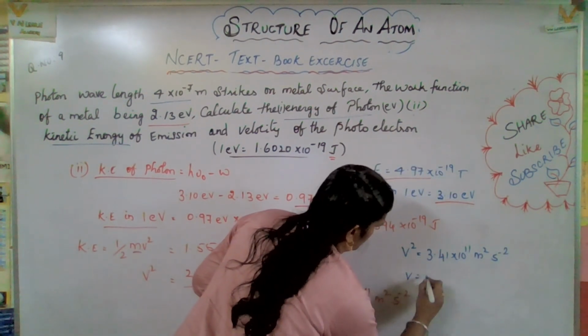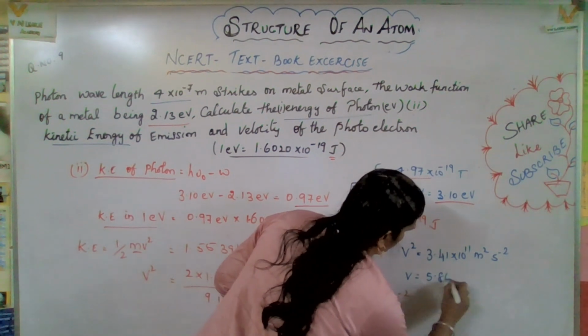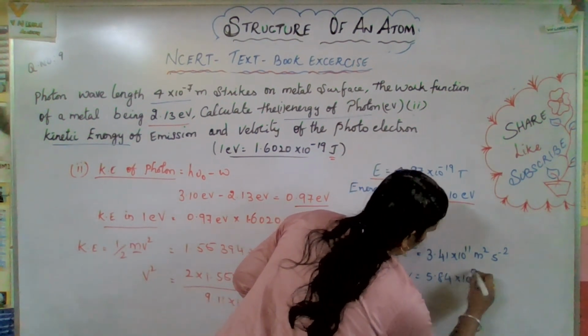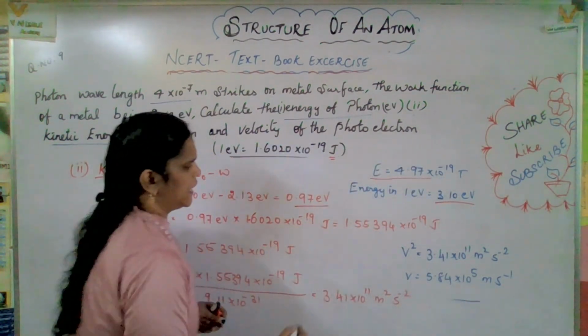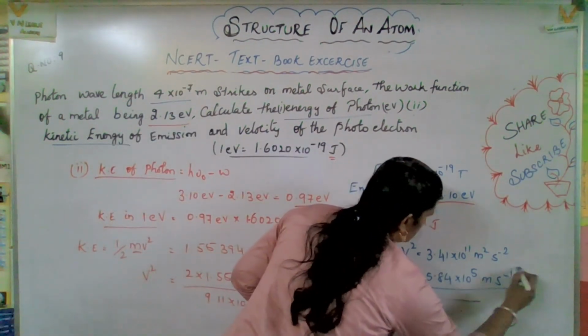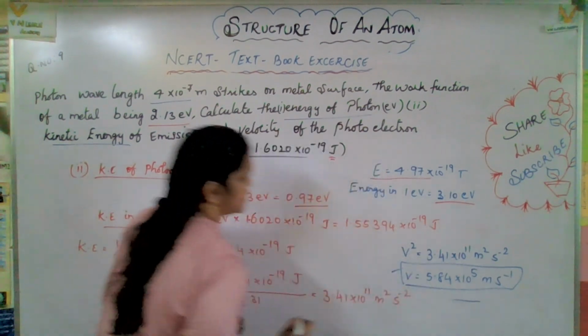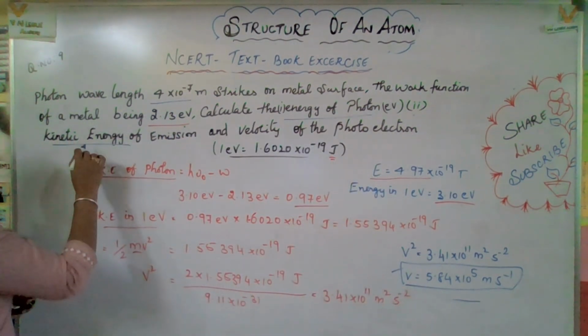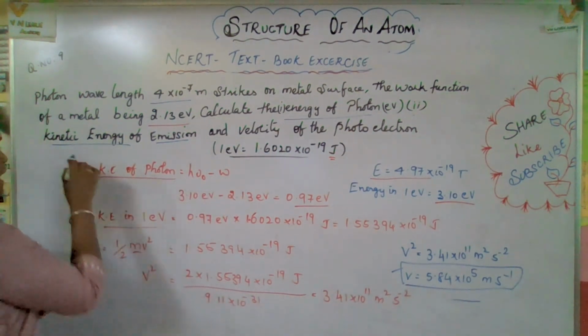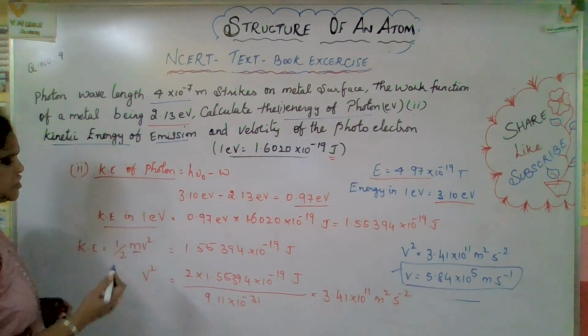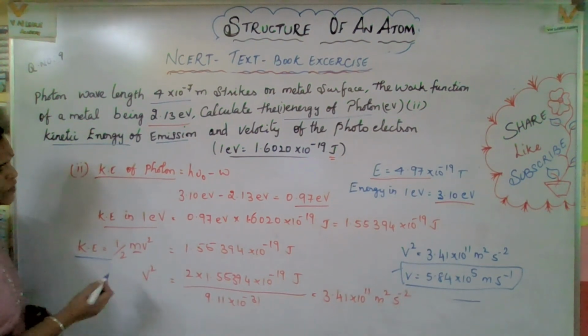That means V equals 5.84 into 10 to the power of 5 meter per second. Hope you got a clear idea about all this. This is the kinetic energy and velocity of the photoelectron, KE equals half mv squared.